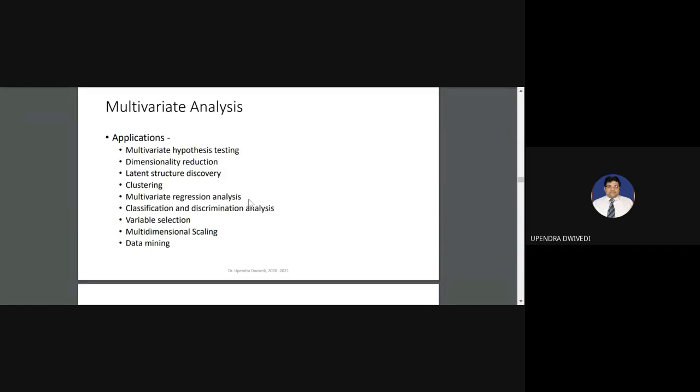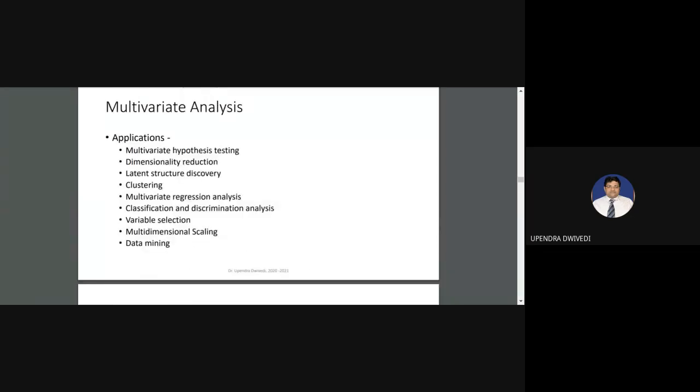Multivariate regression analysis: you can perform regression analysis in a multivariate analysis problem, and it will provide you an estimation of the various predicted output variables. Classification and discrimination analysis, variable selection, multidimensional scaling, data mining.